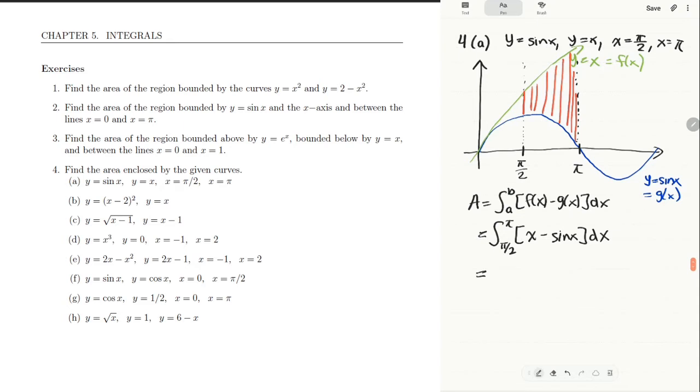And so now, evaluating the definite integral, we look for the antiderivative. So that's x squared over 2 minus negative cos, and we evaluate at the endpoints at pi and pi over 2. So simplifying, we have x squared over 2 plus cos.